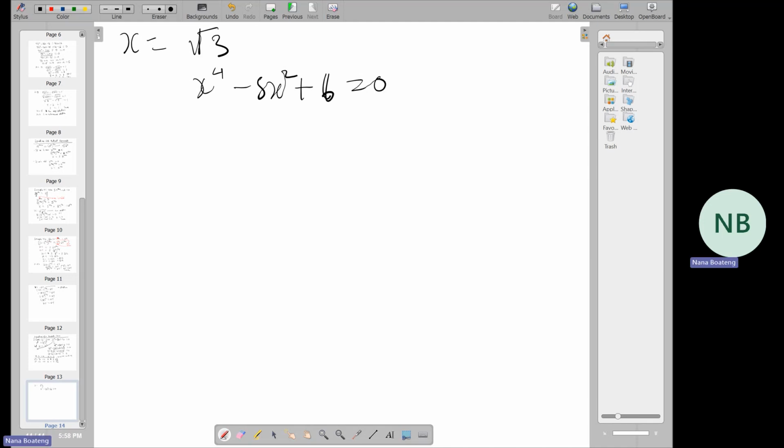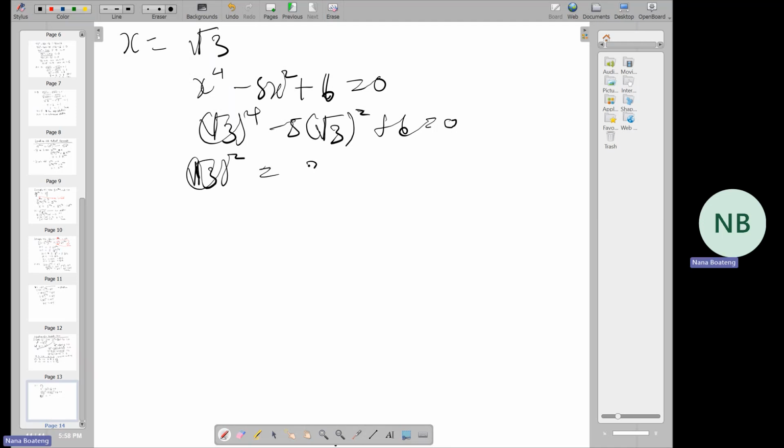So here, if x is square root of 3, we have the square root of 3 to the power 4 minus 5 times the square root of 3 squared plus 6 is equal to 0. So square root of 3 squared is equal to 3, right?